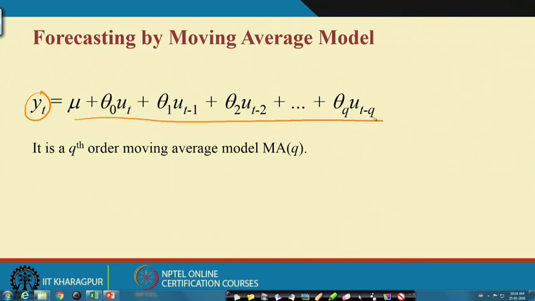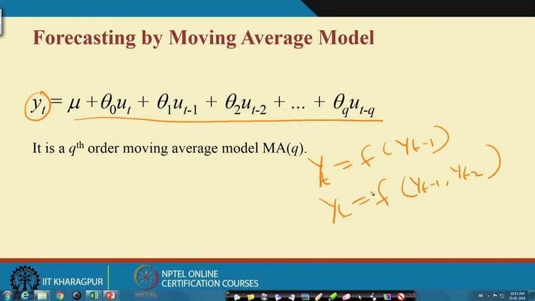That means technically we start with, let us say, yt equal to a function of yt minus 1, like the moving average model, and we can also have a model like yt as a function of yt minus 1 and yt minus 2. So, we have n number of ways you can develop a model for this particular structure in the moving average.